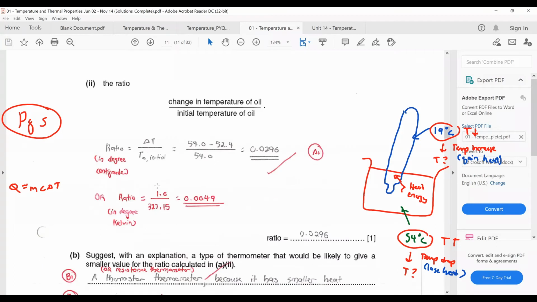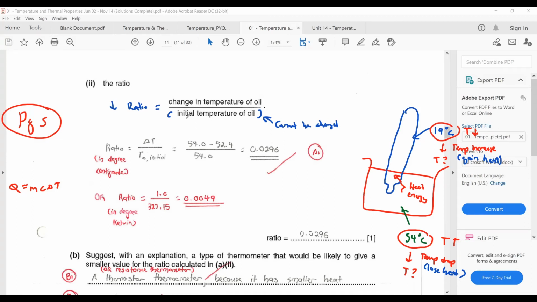Now the question leads on to asking you to suggest, with an explanation, a type of thermometer that will likely give a smaller value than the ratio calculated in A2. You see the ratio is change in temperature over initial temperature. You obviously cannot change the initial temperature, because they tell you you want a smaller ratio.